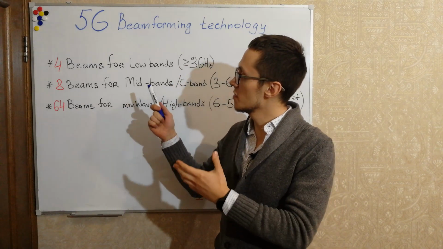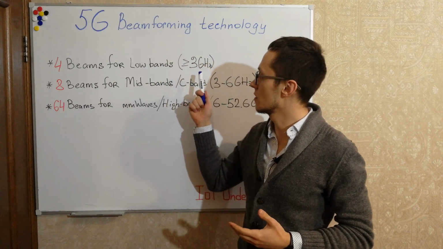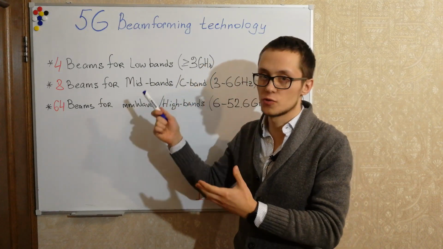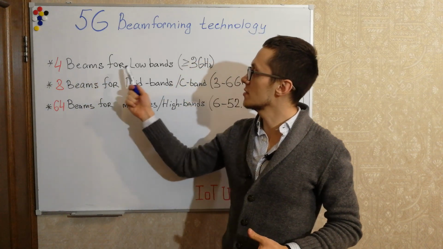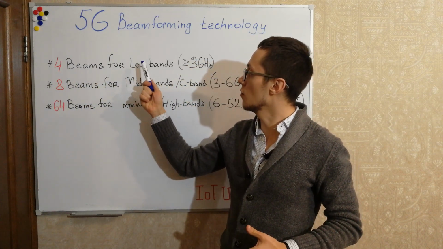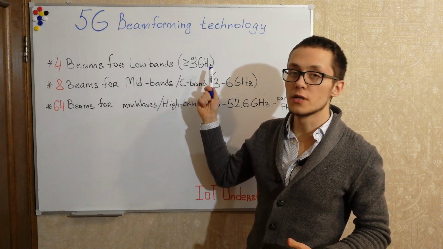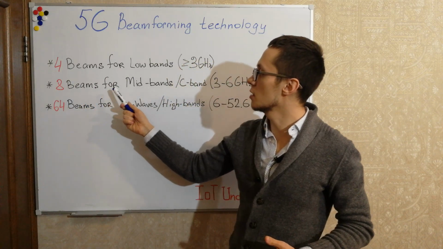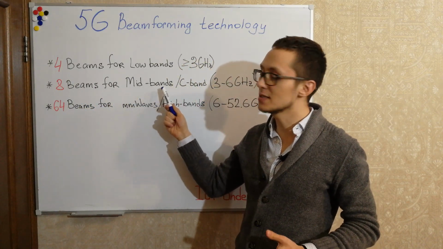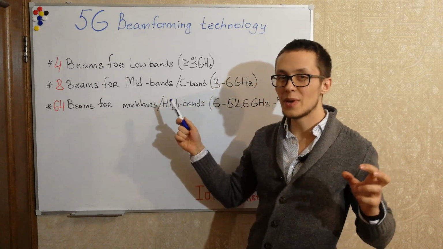The number of beams depends on the frequency we use for transmission and reception. A maximum of 4 beams is allowed for low bands, particularly up to 3 gigahertz. A maximum of 8 beams for mid bands, or as we sometimes call it, C band.